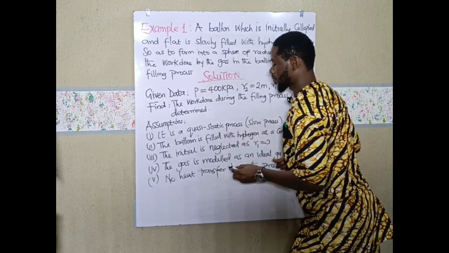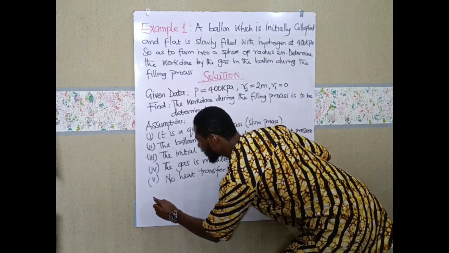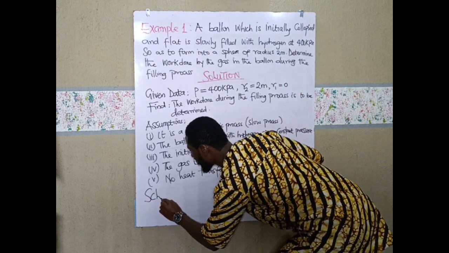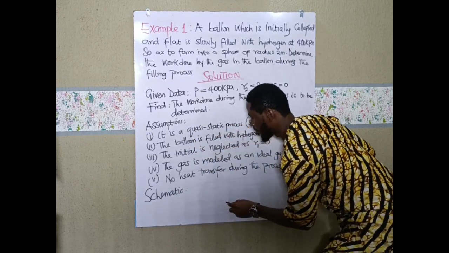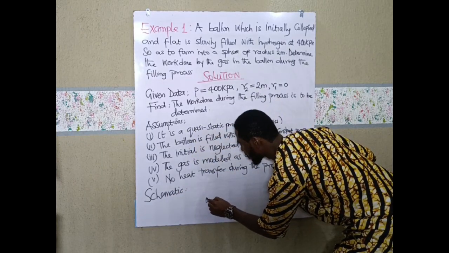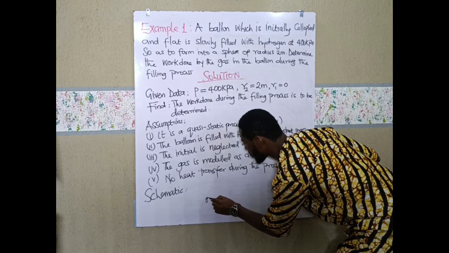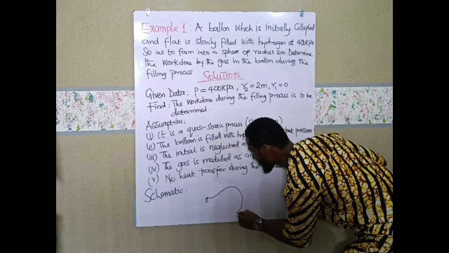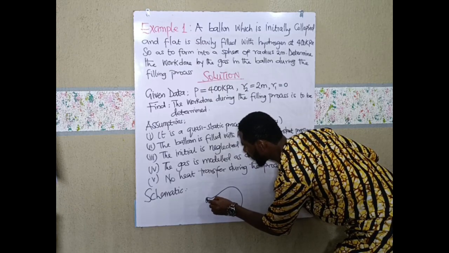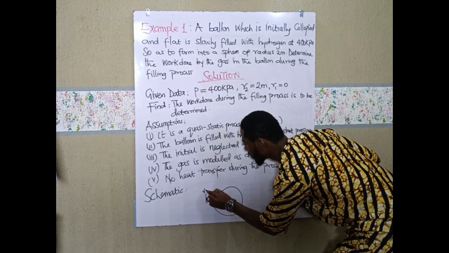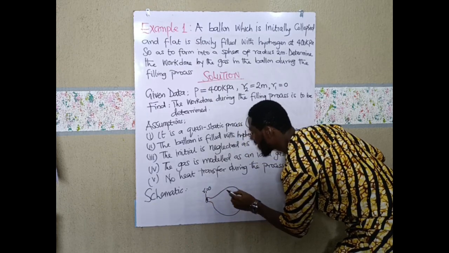Step 4 is schematic. At this point, we have radius R1, which is taken as 0.